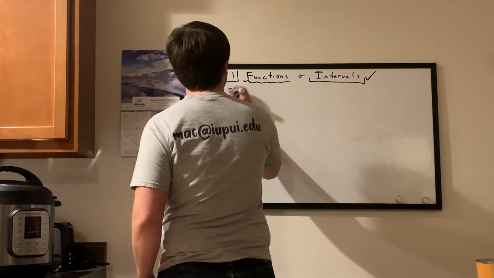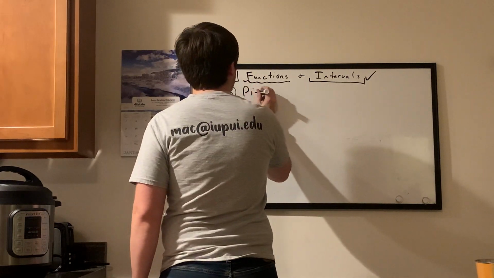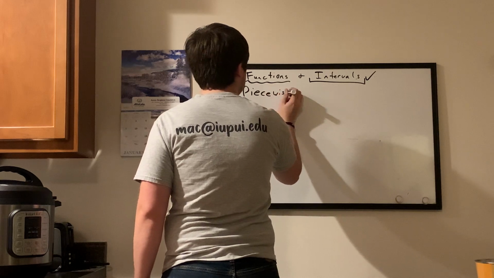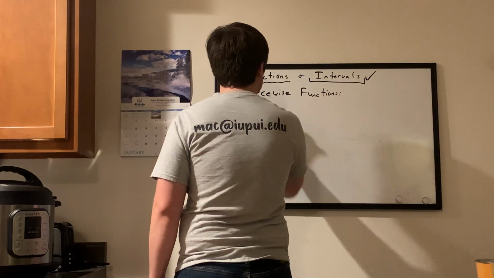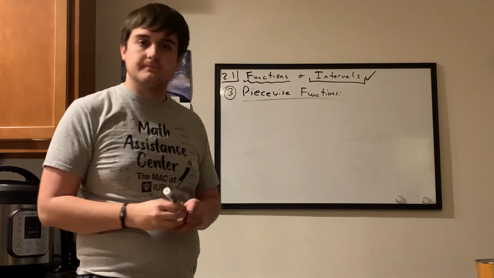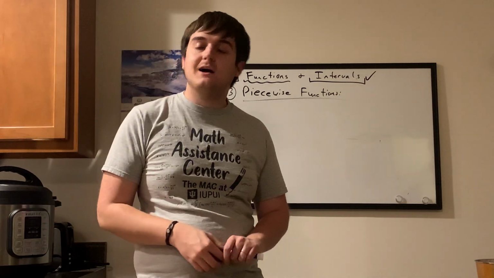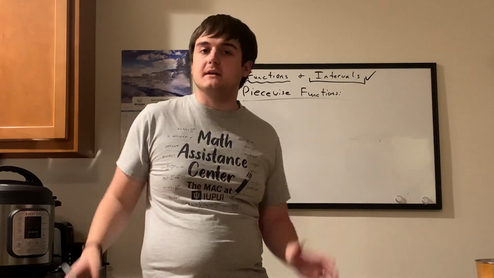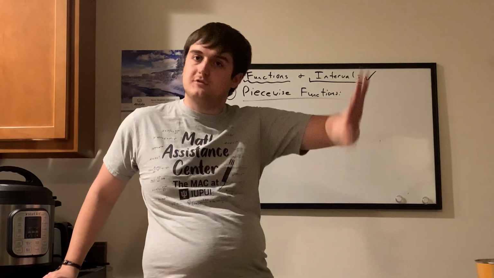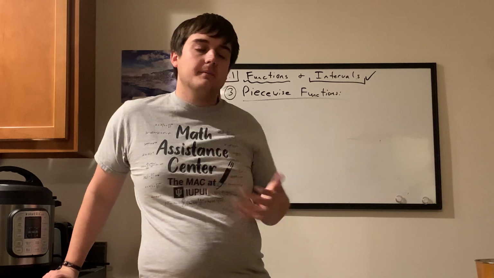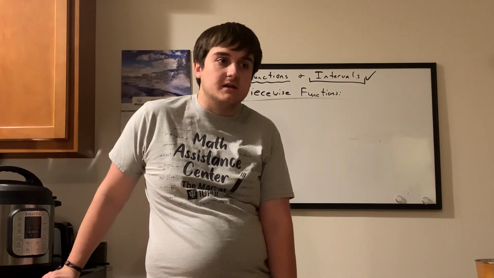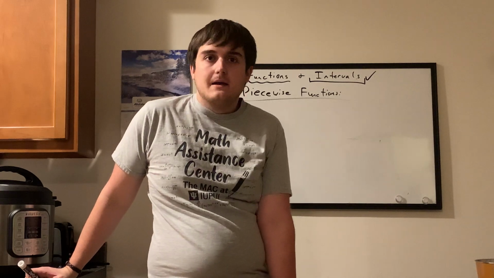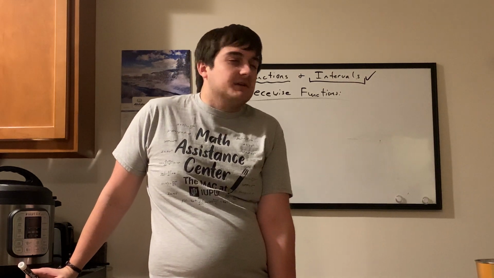Okay, finally, we're going to talk about piecewise functions. So I've talked about functions already, which are all connected, all do the same thing, all the same shape, right? But sometimes, depending on what object I put into my machine, into my function, I might want something different to happen, right?